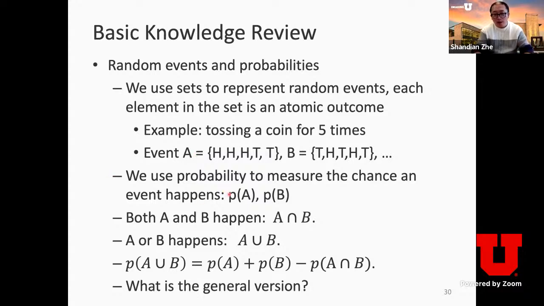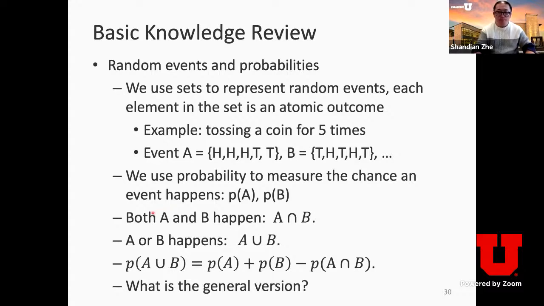We usually represent it as P(A), meaning the probability that event A happens, where A is a set, and P(B) likewise. A very convenient nature of this definition is that we know set operations, and by combining set operations we can create more diverse and complex events.